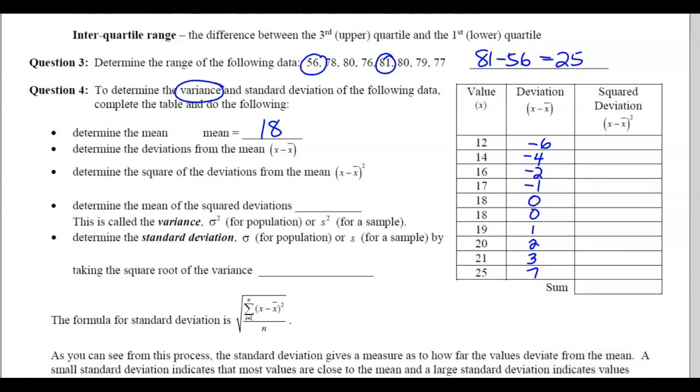Then square each of those deviations. Okay, then add those up.